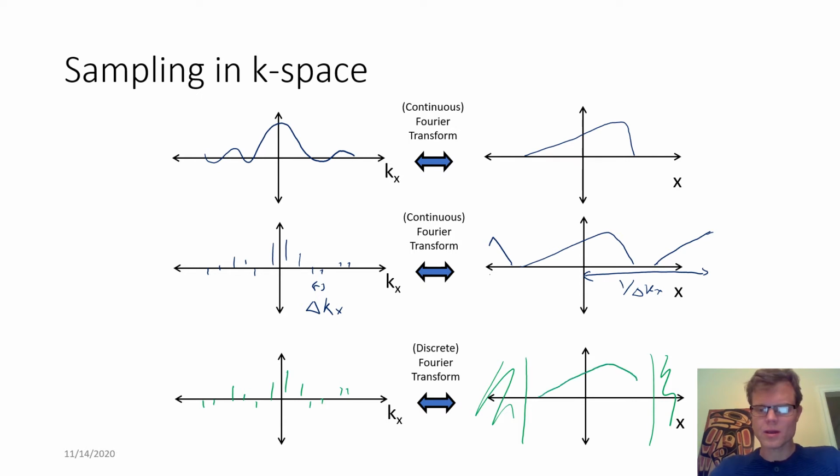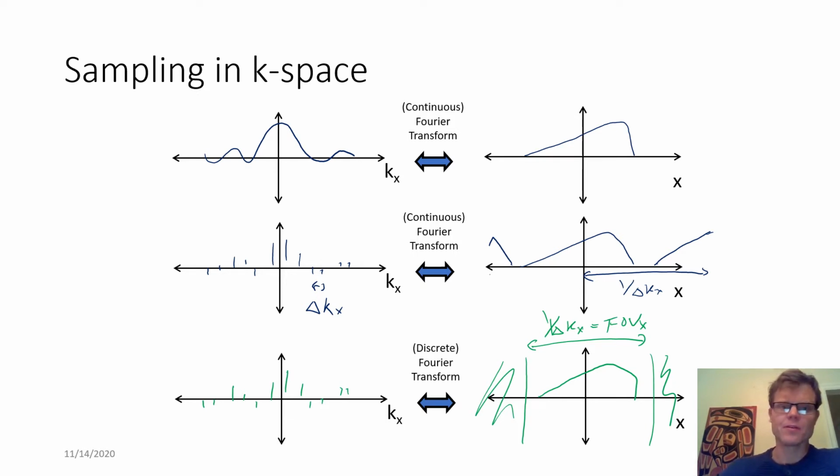So we would get back, as I've drawn it in this case, our original object. The range that we're going to be able to recover is going to be 1 over the kx sample spacing, and that's going to be defined as our field of view.